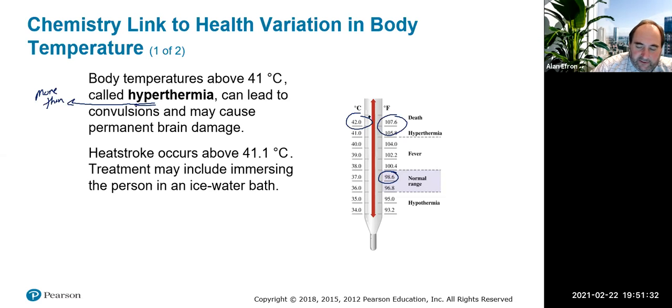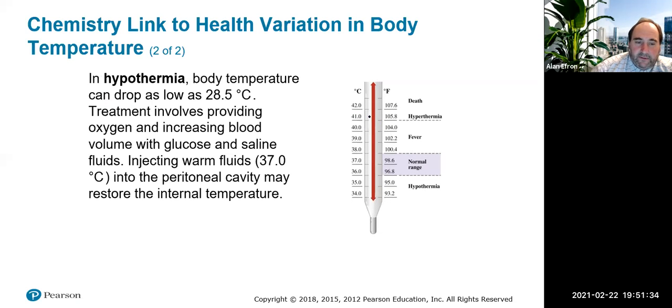The opposite would be true if we were in the cold, hypothermia. Hypo means less than, basically. So that's less than normal body temperature. That would put us in this range here, less than 28.5. That drops it way down here, and obviously that's not good either.